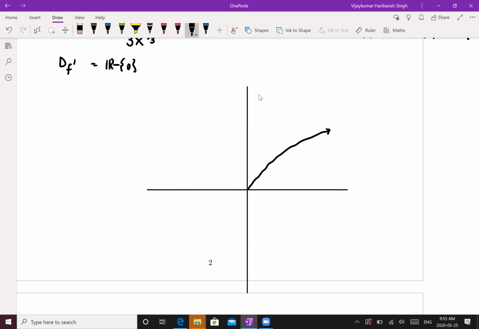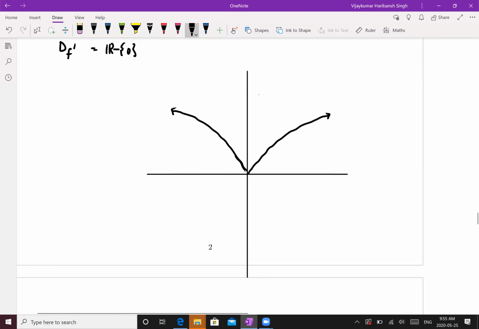Because it's an even function. So this is how the graph looks like. Okay. Now, what about the derivative graph, right? The derivative graph basically is, so this is your f of x graph.